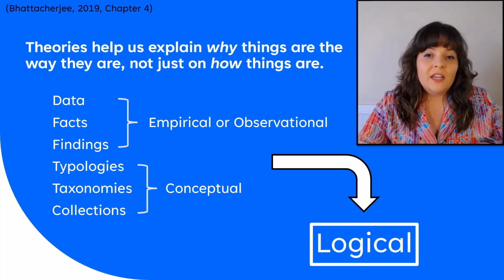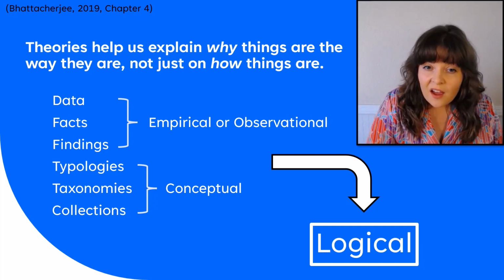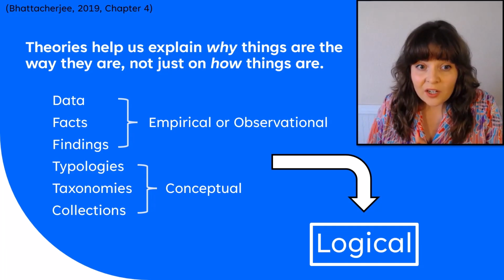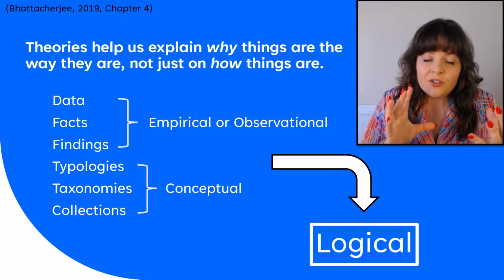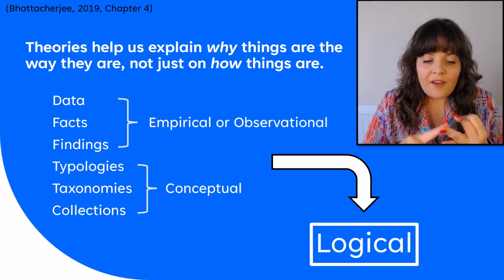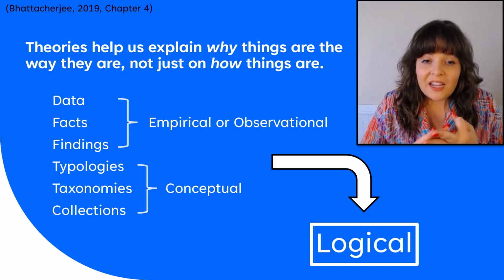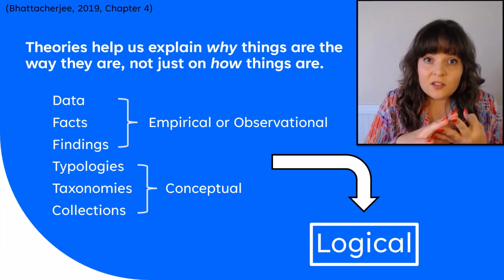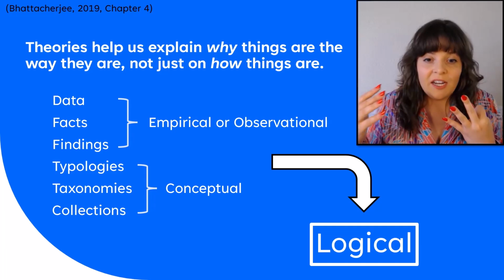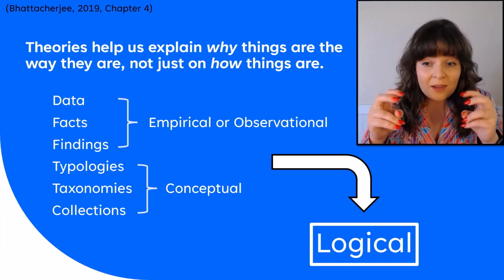Theories help us explain why things are the way they are, not just how things are. Our empirical and observational explanations are data, facts, and findings. Those can quantify or illustrate something that's occurring in the world. Then we also have conceptual explanations.